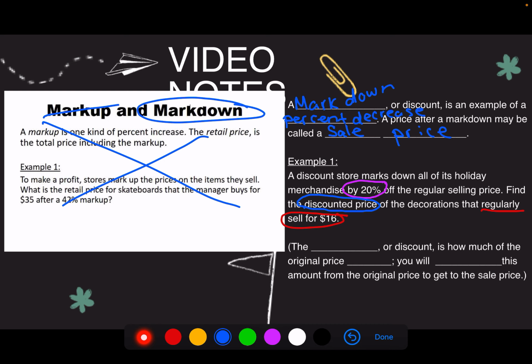So then down here, we're going to go ahead and fill in our blanks again. So the markdown or discount is how much off this original price you will subtract. I don't know why this blank is here. It should not be there, so don't worry about it. So you will subtract this amount from the original price to get this sale price.